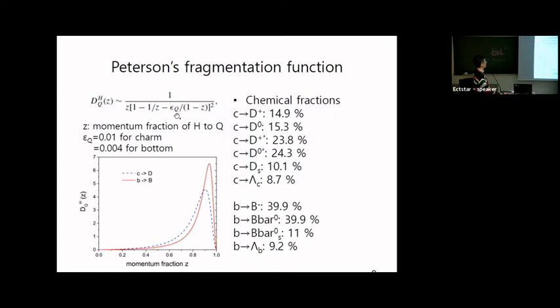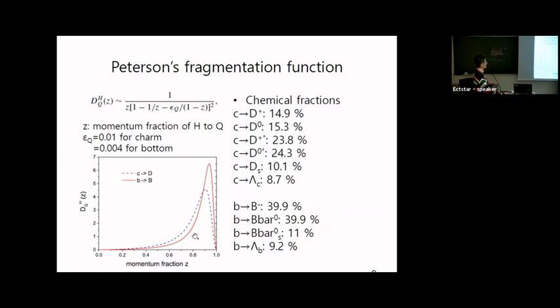Epsilon Q is a parameter, which is 0.01 for charm and 0.004 for bottom. The lower figure is Peterson's fragmentation function as a function of z. We can see this function is peaked near 1.